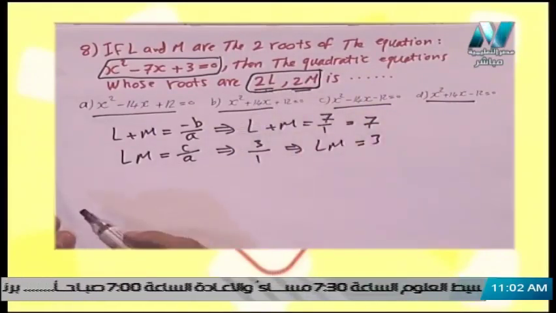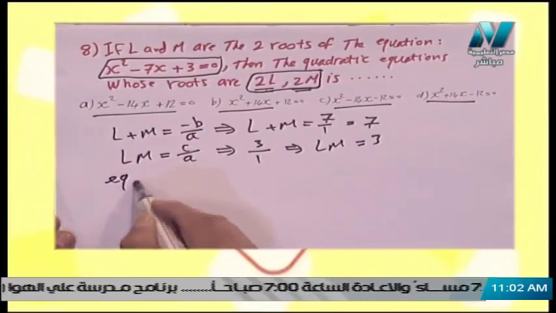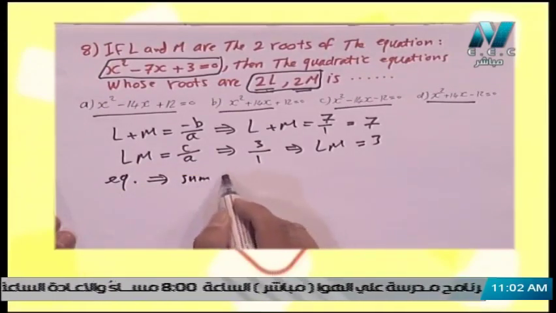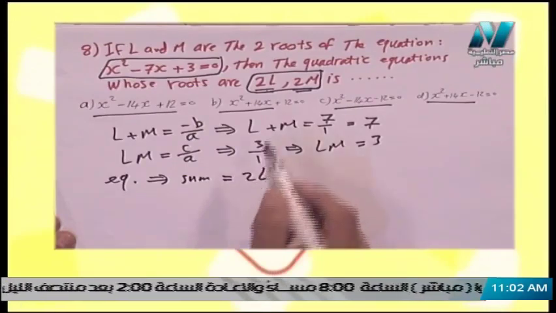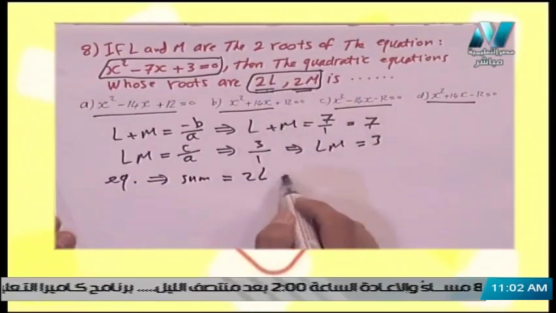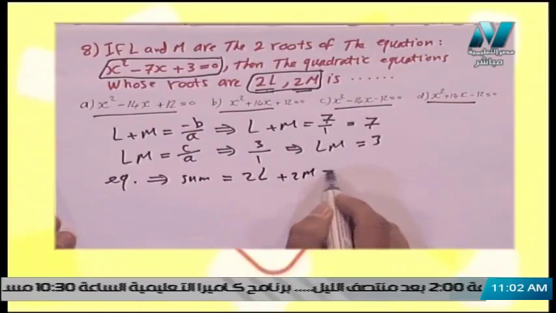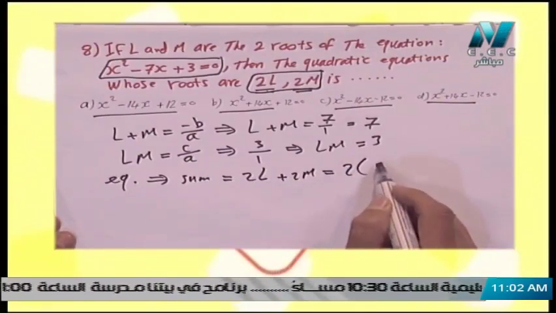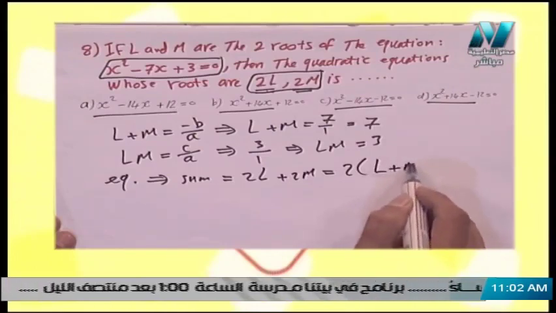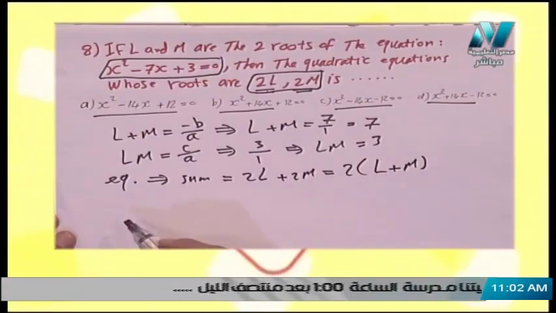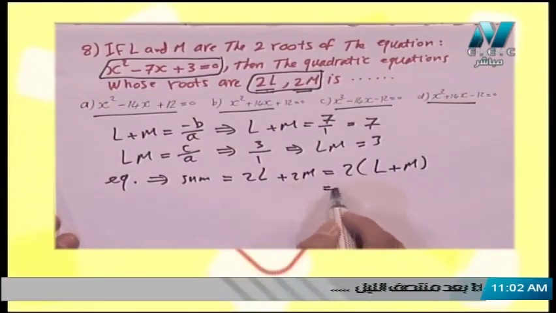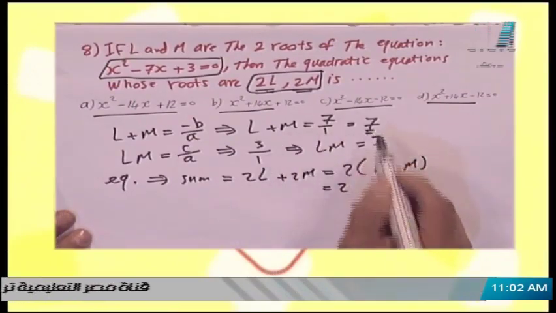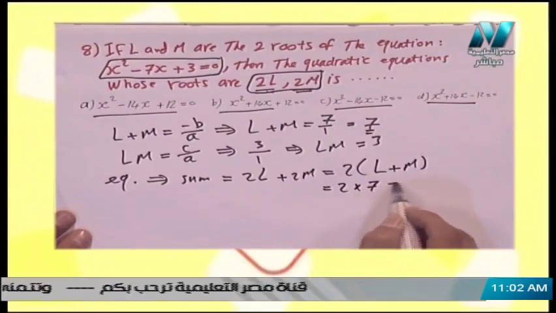From the equation, we would like to make another equation having the roots 2L and 2M. The sum of the required equation equals 2L plus 2M. By taking 2 as a common factor, 2 will be multiplied by L plus M. So 2 multiplied by L plus M, which equals 7, equals 14.